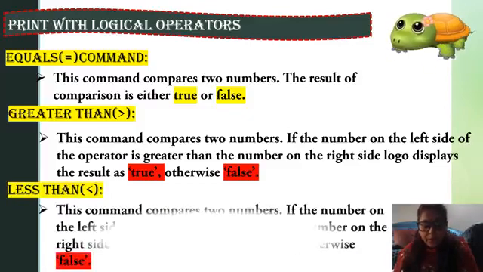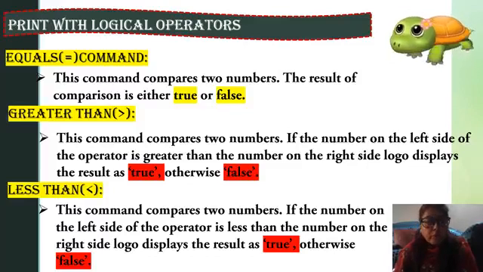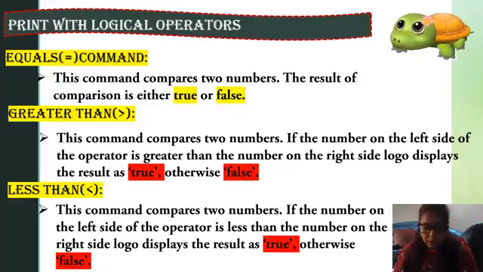This operator compares two numbers again. If the number on the left side of the operator is less than the number on the right side, Logo will display the result as true. Otherwise, the result will display as false. So, children, let's see practically how it works.